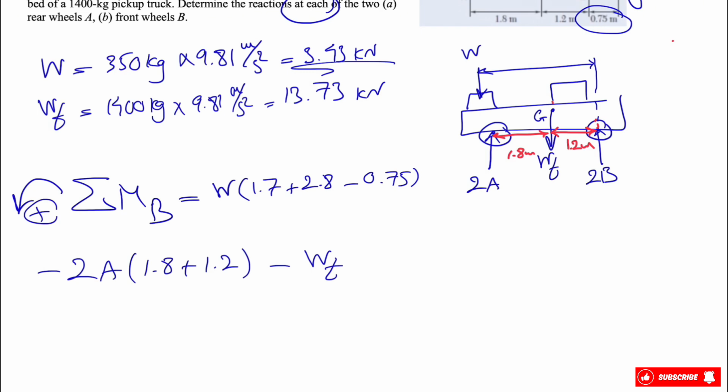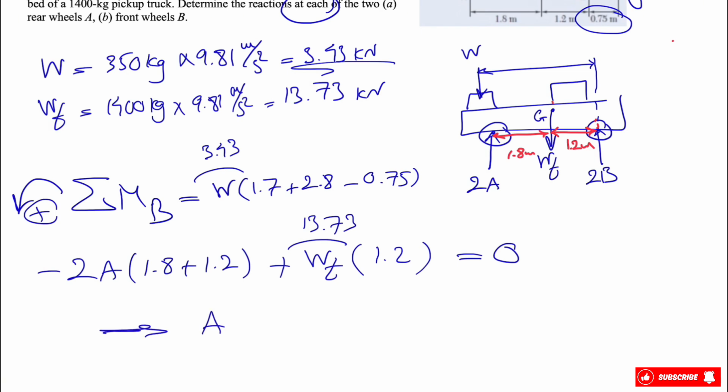The distance is simply 1.2, and the moment is counterclockwise, same as the weight of crate C, so this will be positive, and this is equal to 0. We already have the amounts for the weights, and from here we can find one of the unknowns.